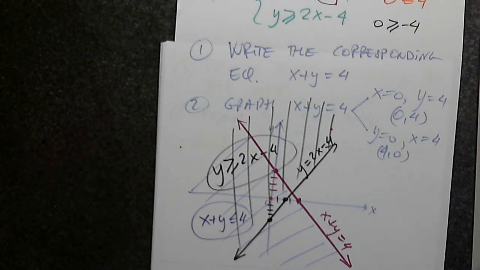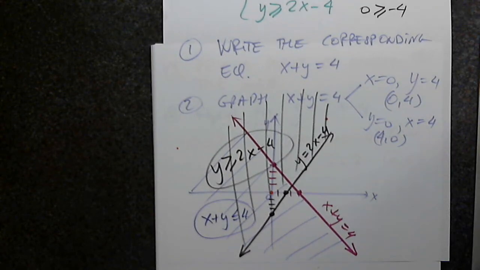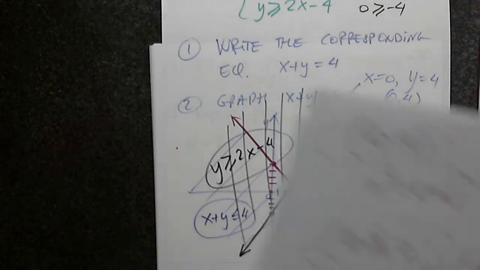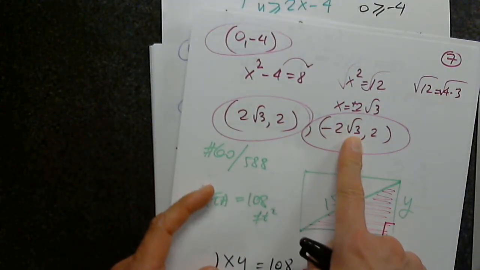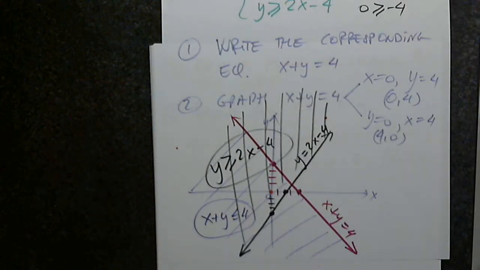But since this is a system, I'm interested where I should pick points that make both inequalities true at the same time, as we did with all the previous systems of equations. Here, all these verify both equations. So the same idea with the systems of inequalities.